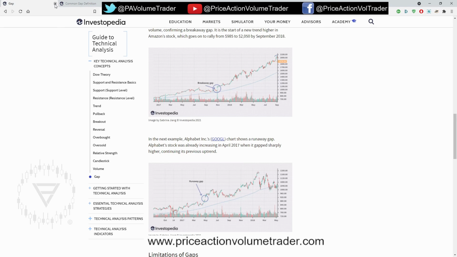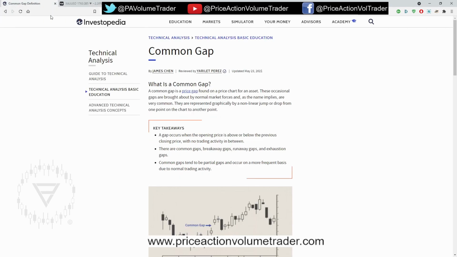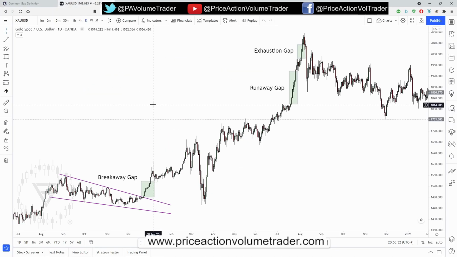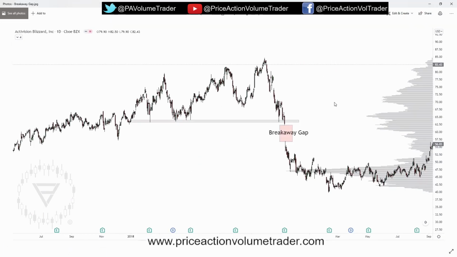Let's go now to my own charts, and I'll show you some examples of this. I actually have a screenshot I took here. This is the Activision Blizzard one-day stock. If you follow stocks, you're going to notice that there are a lot of gaps on the chart, usually between daily closes and opens.